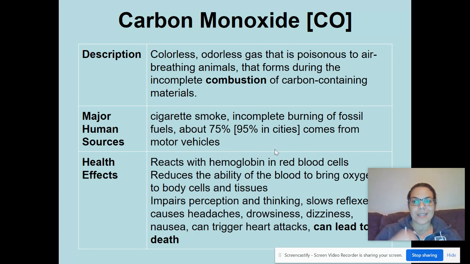Your red blood cells think that it's getting oxygen. The carbon monoxide tricks it. Instead of your blood going through your lungs absorbing oxygen, it absorbs carbon monoxide, and your insides don't get oxygenated. And that's what leads to death.